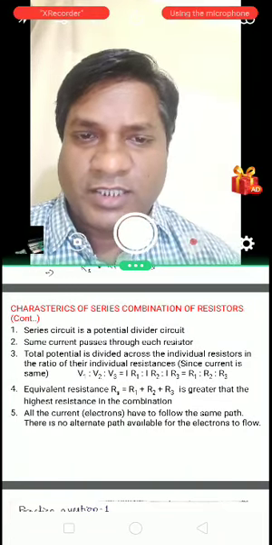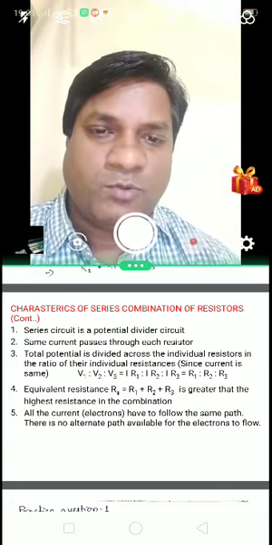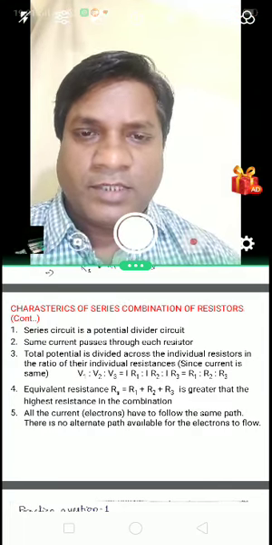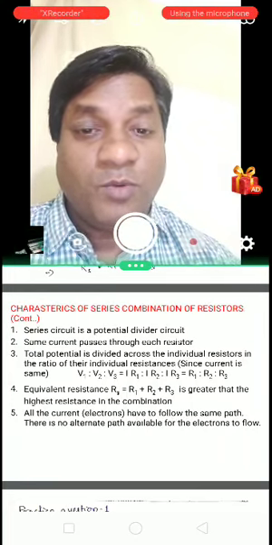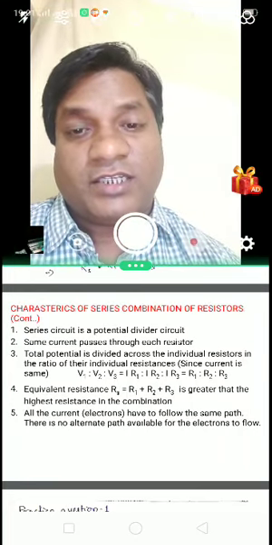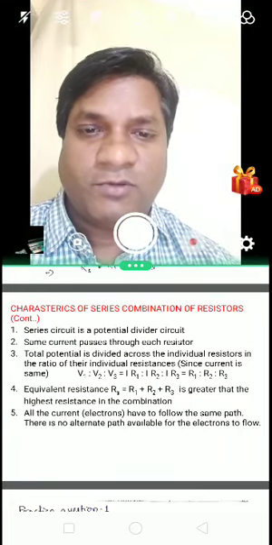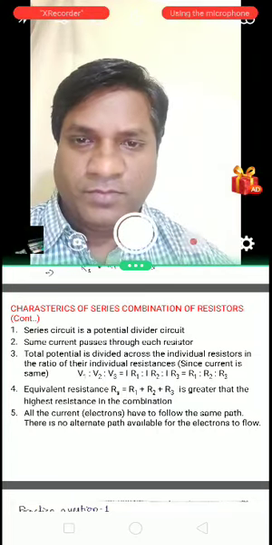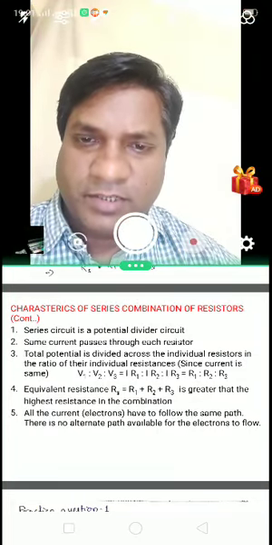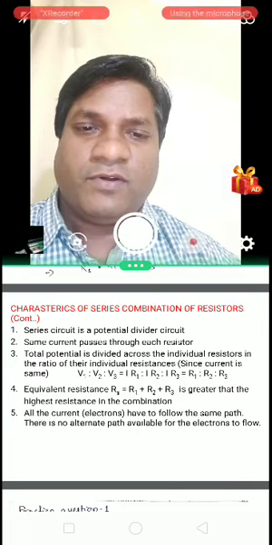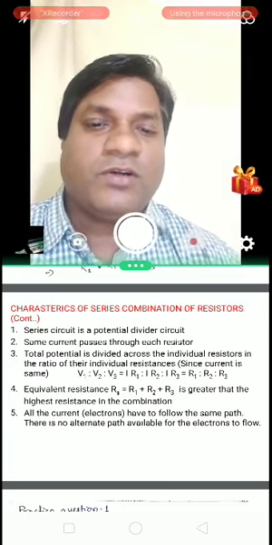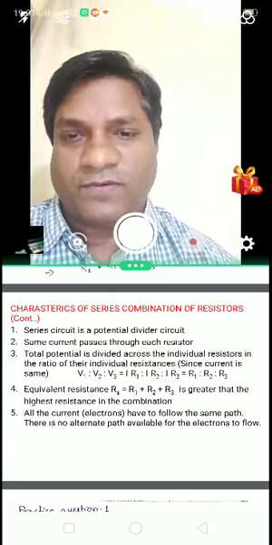Amongst these three, 1000 ohm is the highest and 1 ohm is the lowest. The equivalent resistance is more than the highest resistance, which means it will be greater than 1000 ohm. Fifth property: all the current has to follow the same path. There is no alternate path available for the electrons to flow.